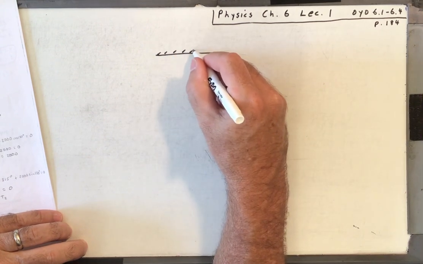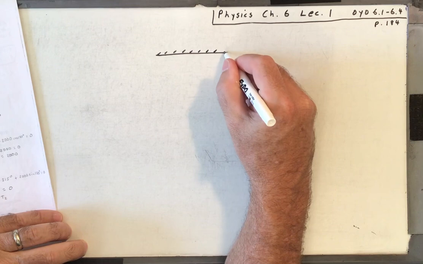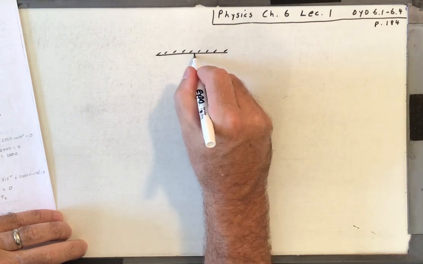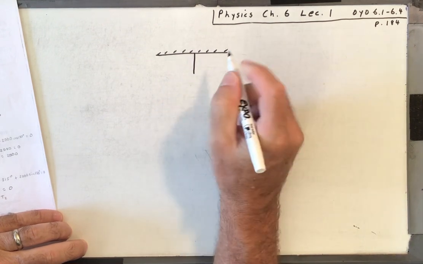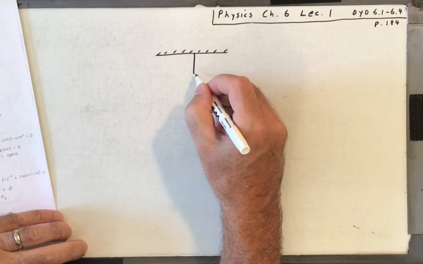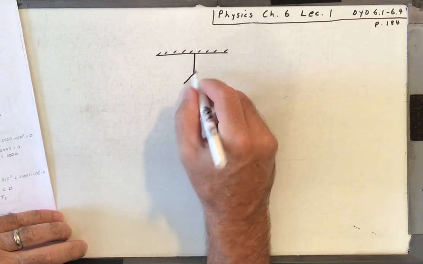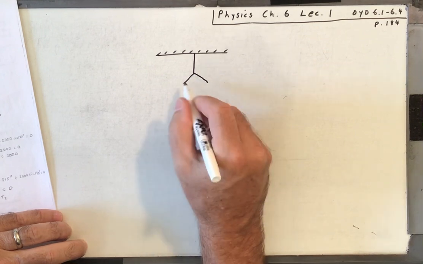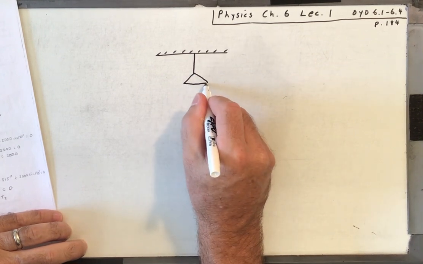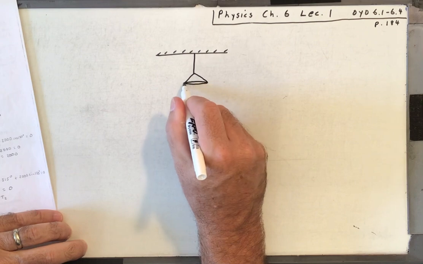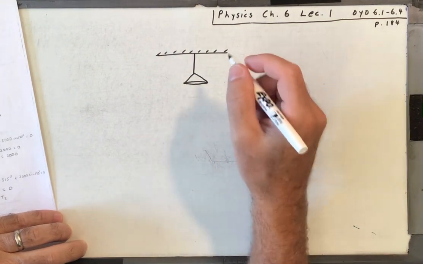Okay, so in this space, this is like the ceiling, and we have some sort of chain or something like that that holds the light fixture up. We'll draw just kind of a simple light fixture. All right.